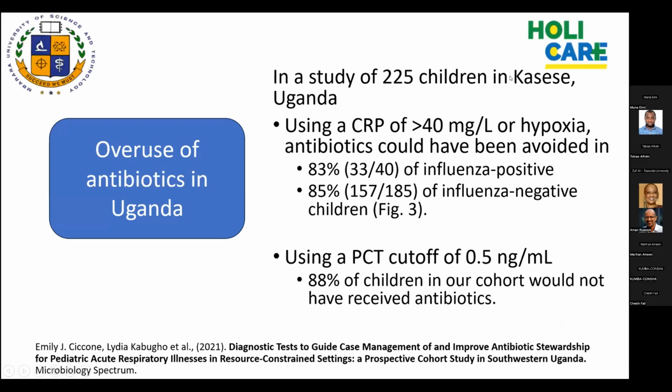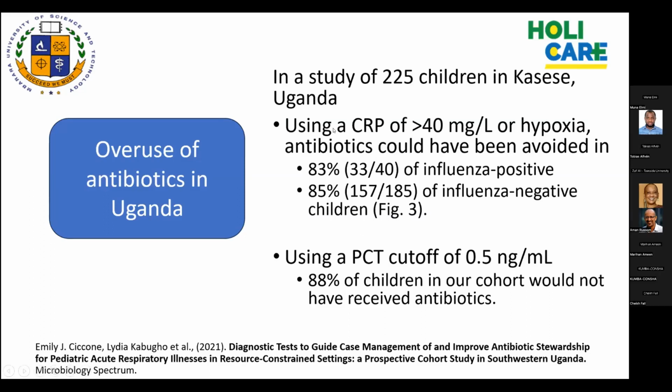This study in Kasese, a district in the western part of Uganda, about 150 kilometers from Mbarara: a group of our colleagues studied 225 children who were coming into a health center within the municipality of this town, to see if rapid diagnostic tests could improve the prescription of antibiotics in these children.